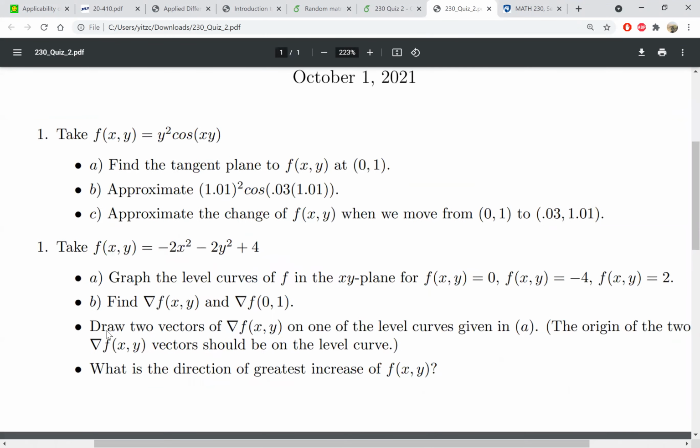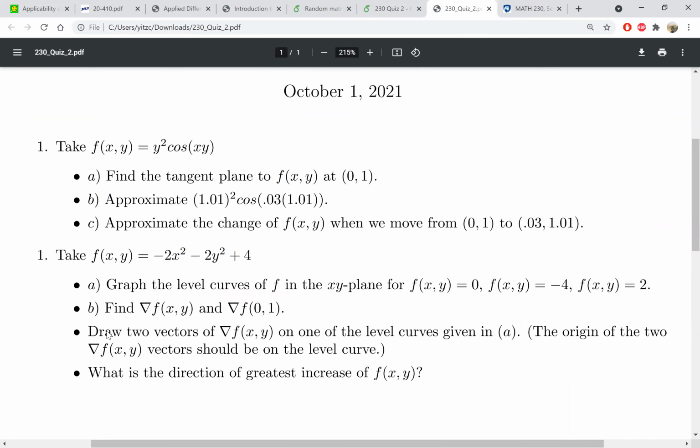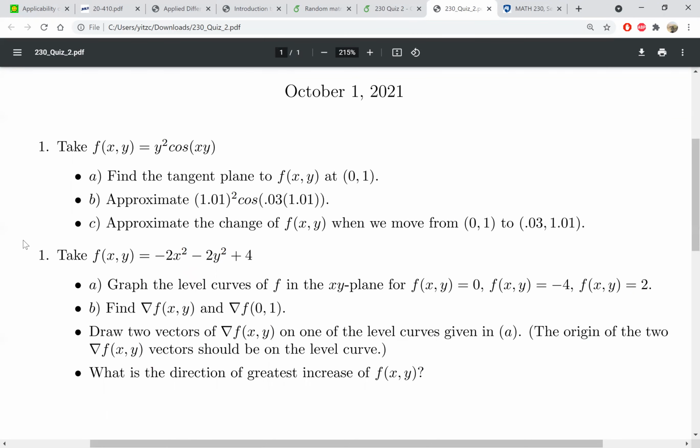Well, I guess I can get rid of that part. This should obviously be problem 2. Okay.